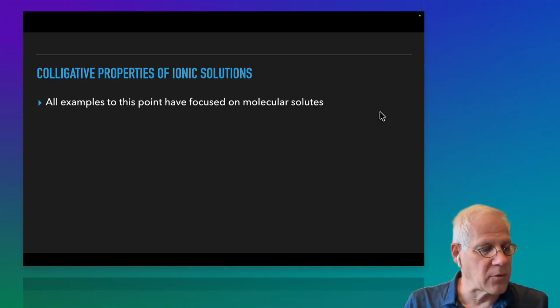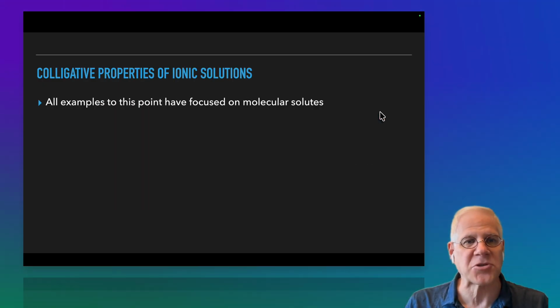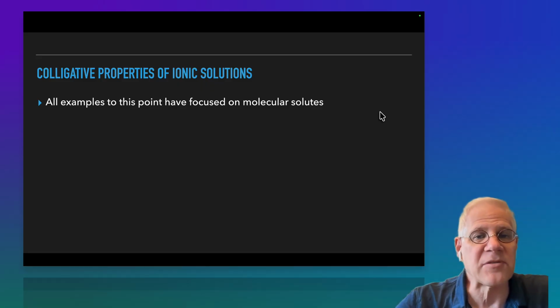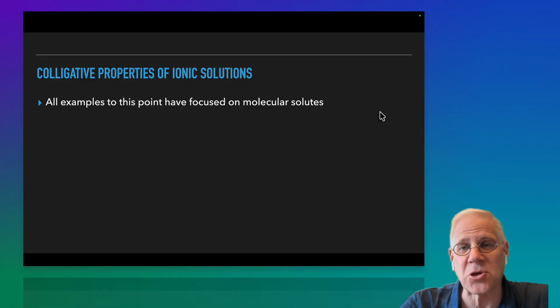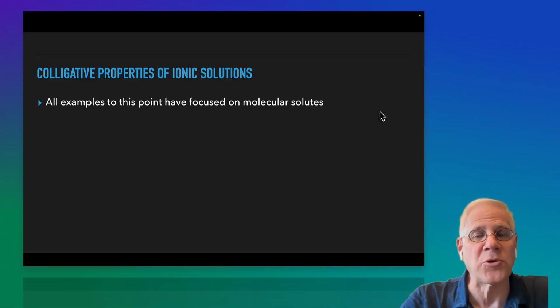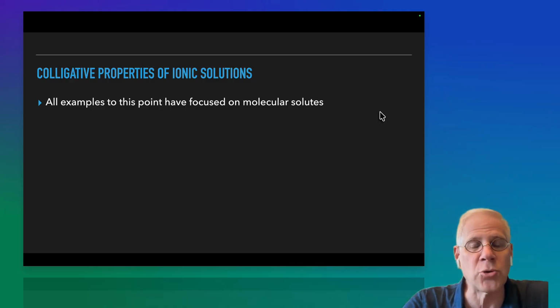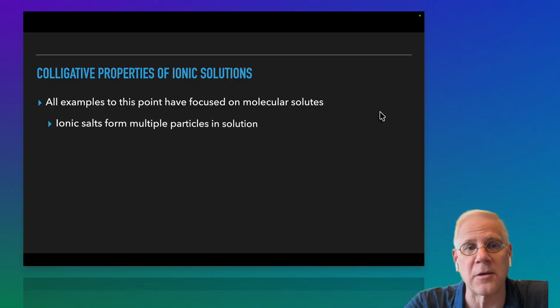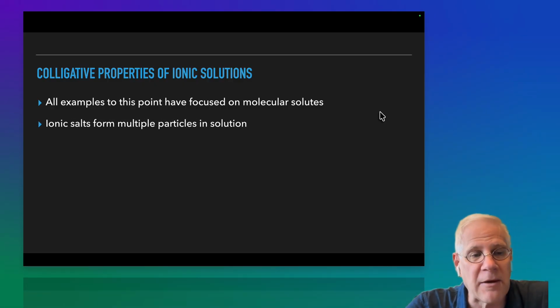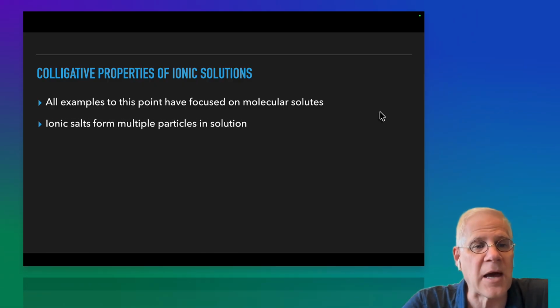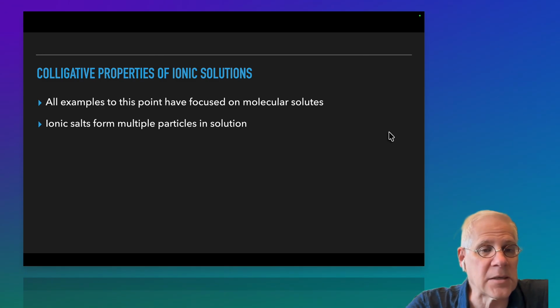Now, up to now, all the calculations we did in the previous lecture for our colligative properties, we used a molecular solute. We used glucose. And so when you dissolve 1 mole of glucose, you will get 1 mole of glucose particles because the glucose molecule does not break apart. We have learned in previous courses that when you dissolve an ionic salt into solution, they break apart into their anions and cations.